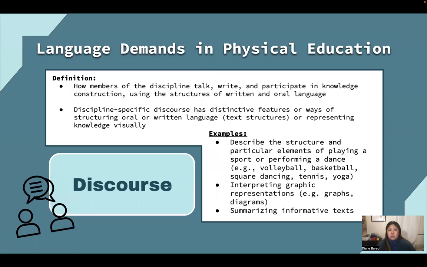So how would our students talk to each other when they're trying to describe the different elements of a sport or a dance? How would they interpret graphic representations like diagrams of the human body and the anatomy, and then summarizing informative texts? So discourse is basically how our students will talk to each other about PE information.